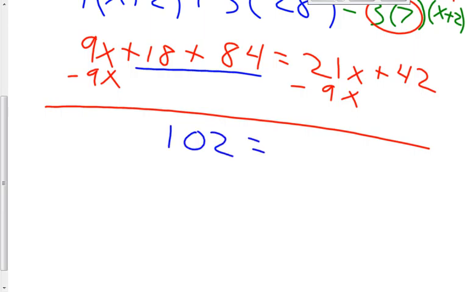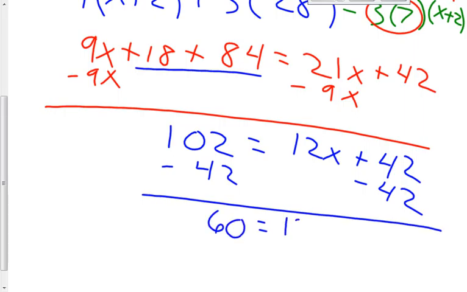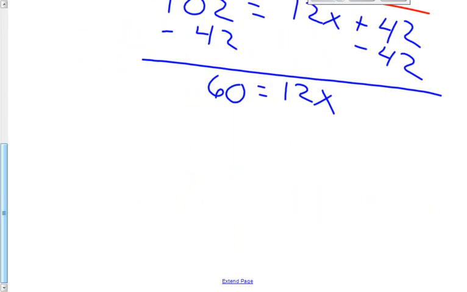That equals 12x plus 42. And then we'll subtract 42. So 60 equals 12x. And then we'll divide both sides by 12. So now we'll get our answer of x equals 5.